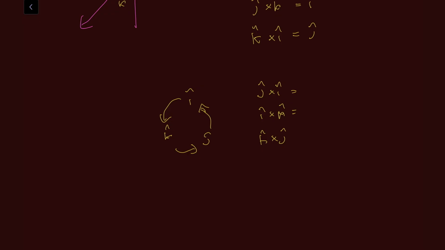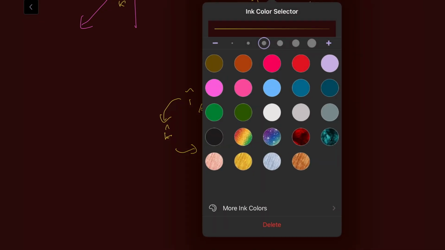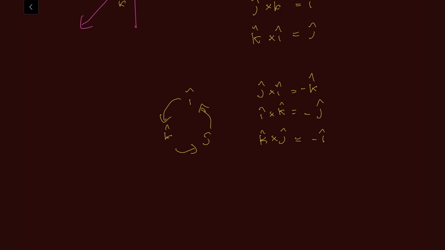Well, it's still going to be equal to the third vector. However, this time it's the negative version. So J hat cross I is equal to negative K, I hat cross K is equal to negative J, and K cross J is equal to negative I. I sincerely apologize for my handwriting. Okay, so that is the shortcut, guys.